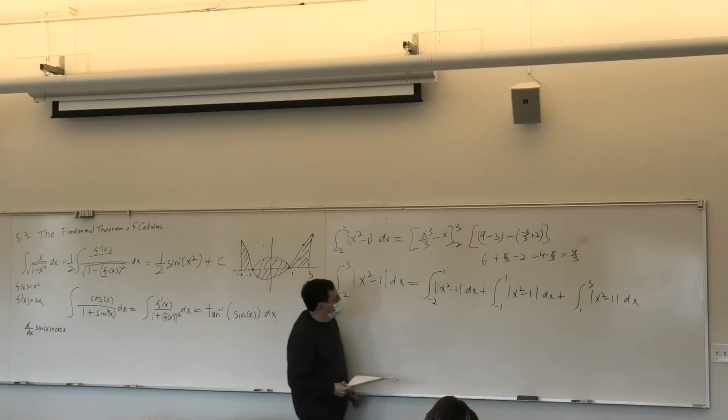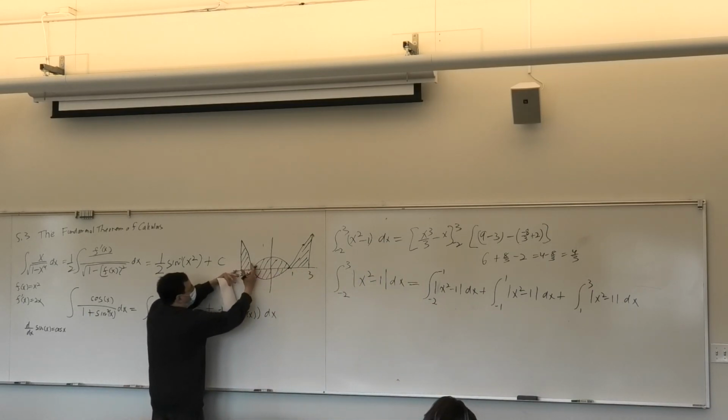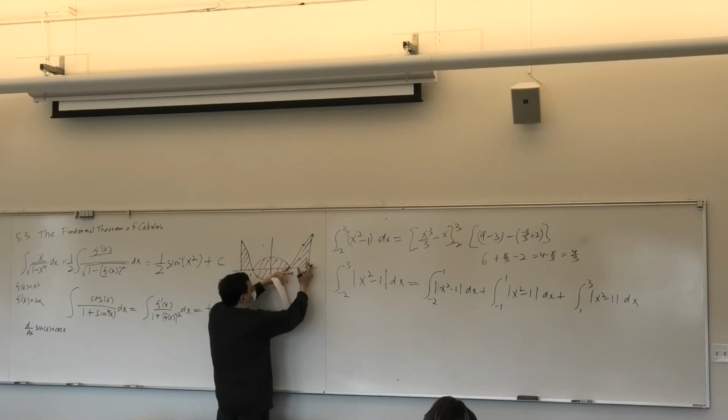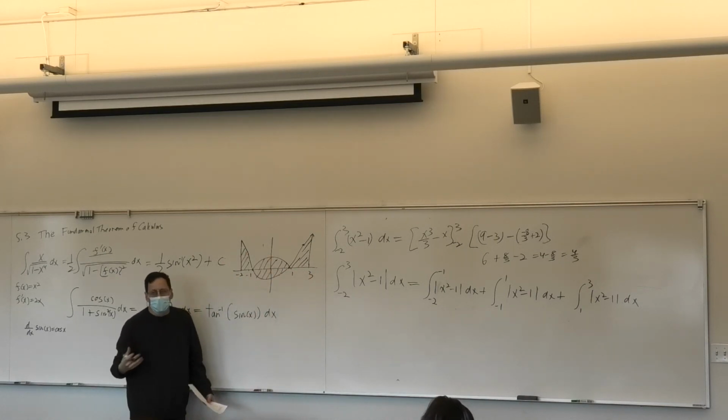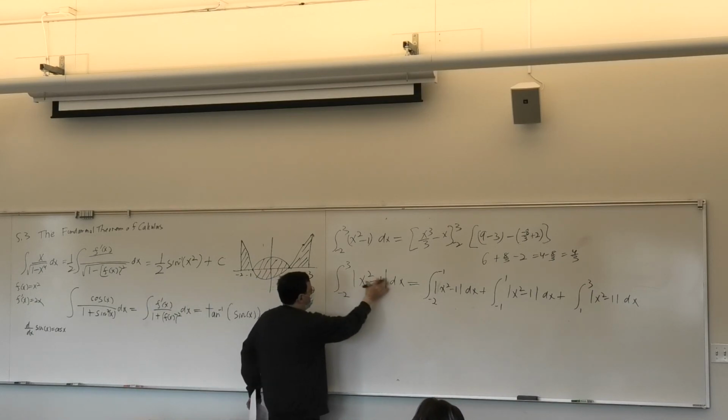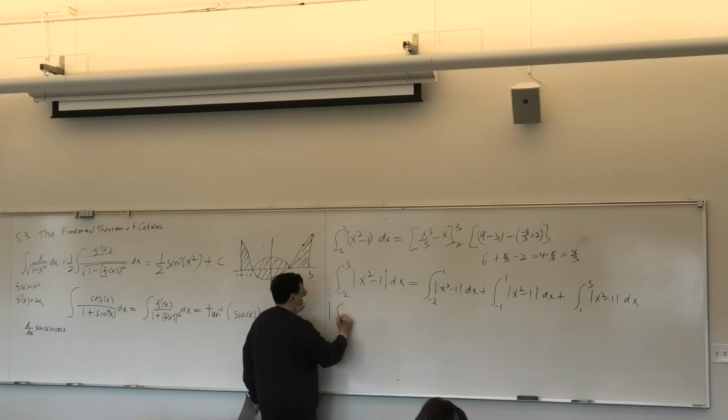Because we're integrating these separate sections, which individually all have the same kind of area, we can take the absolute value signs out.